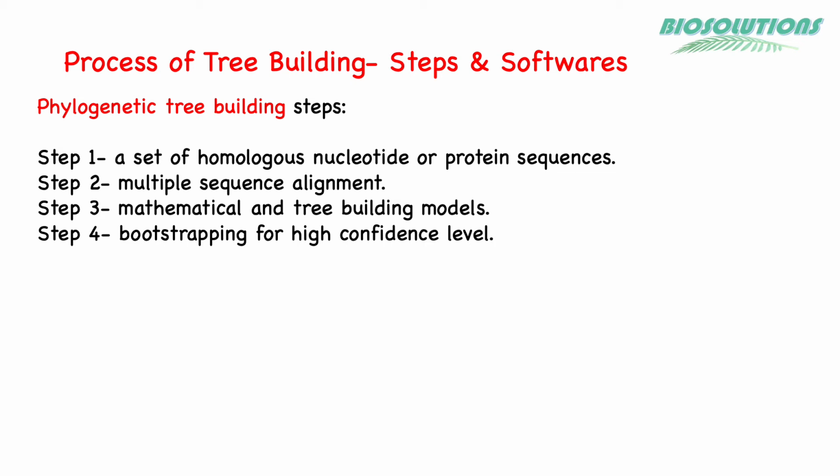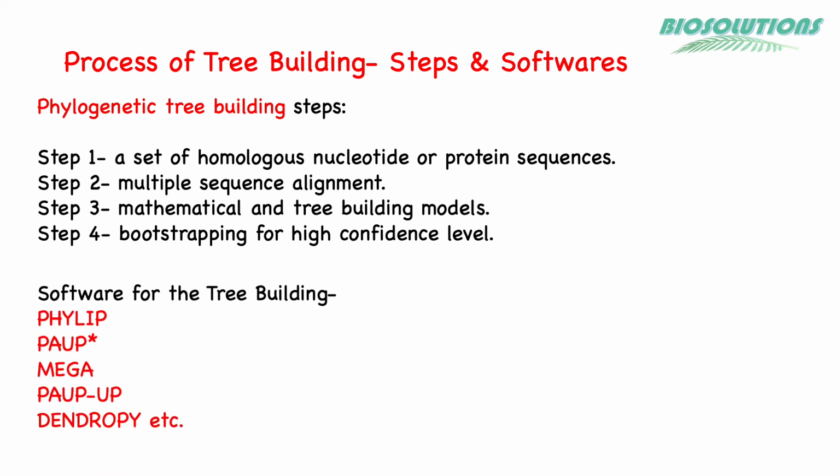And step 4. Bootstrapping or any other statistic to present the tree with high confidence level to clearly convey the relevant information. There are many softwares available for the tree building. Some popular ones are PHYLIP, PAUP, MEGA, PAUP-UP, DendroPy, etc.